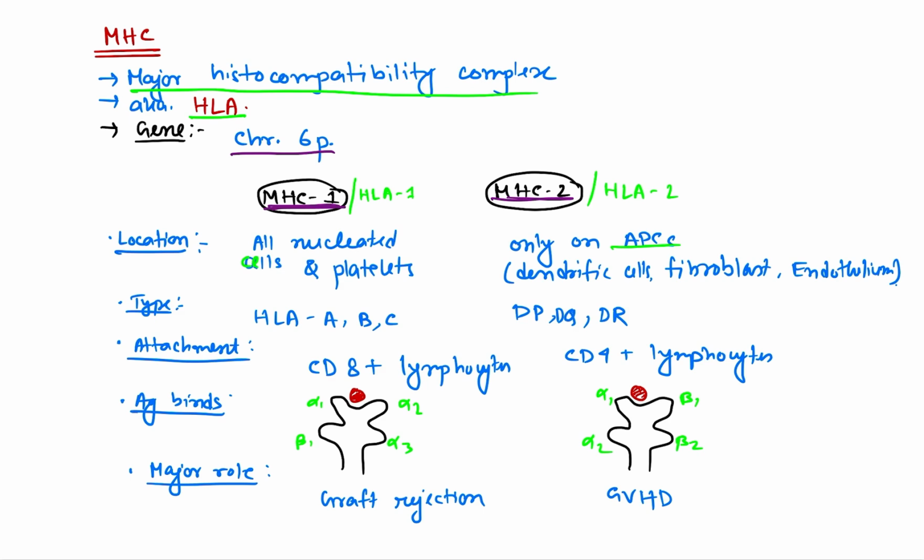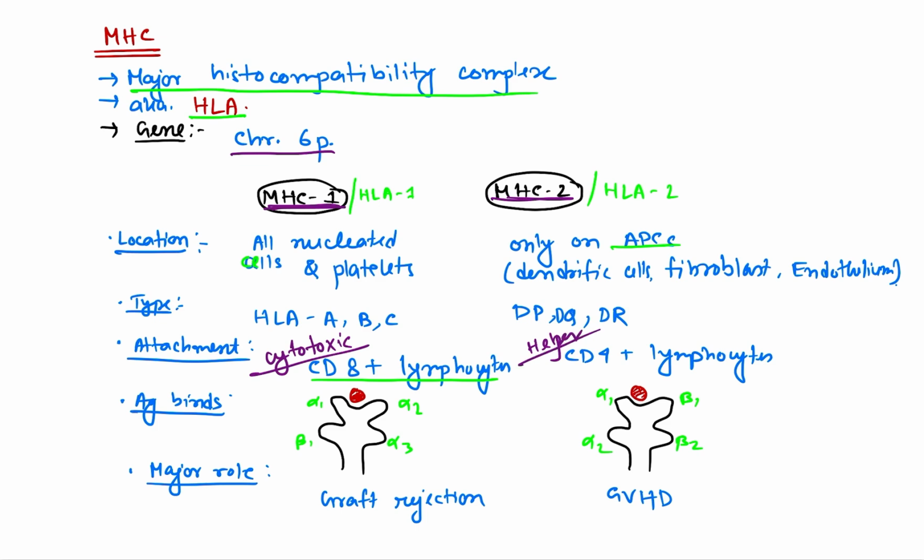And what about attachment? MHC class 1 presents antigen to CD8 plus or cytotoxic T cell. The question asked was this. So MHC1 attaches to cytotoxic T cell and MHC2 attaches to helper or CD4 plus lymphocyte.